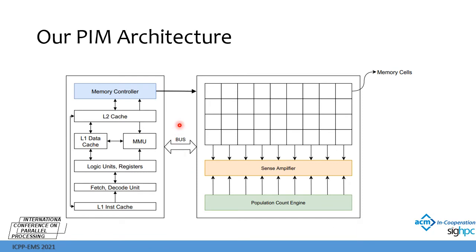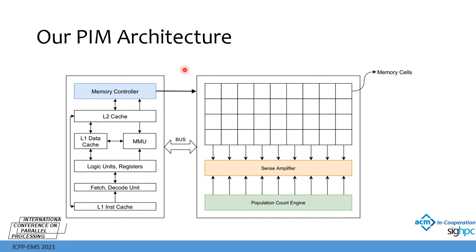This is our processing in memory architecture, which we modeled in gem5. On the left hand side is a typical CPU, and we add a new memory controller command to activate the processing in memory operations. This CPU also supports the processing in memory instructions we modeled.